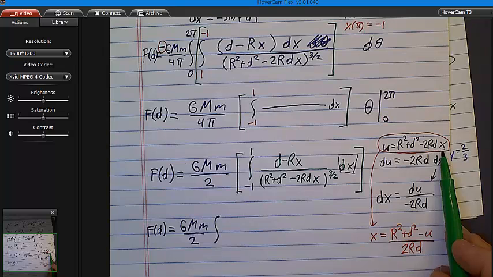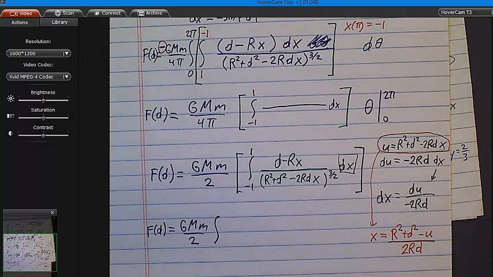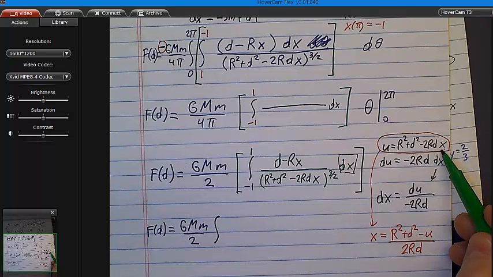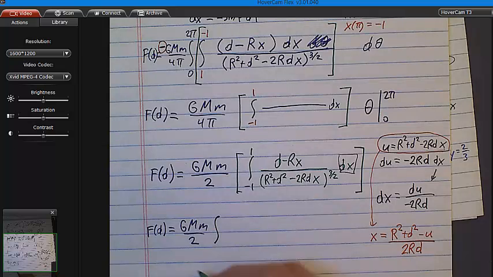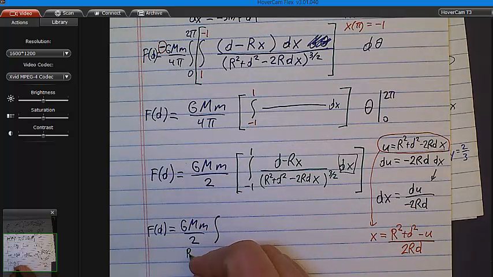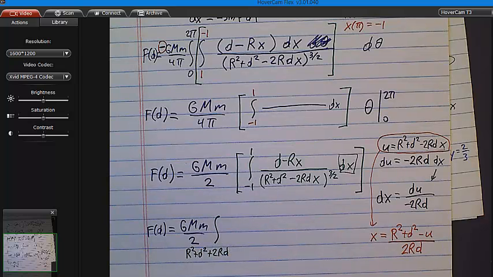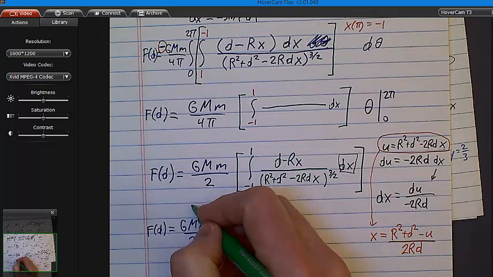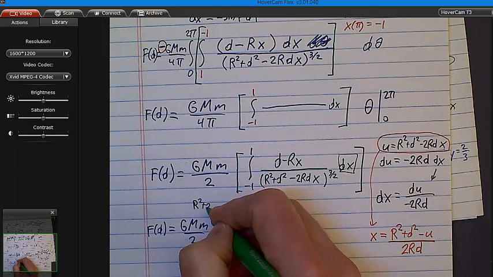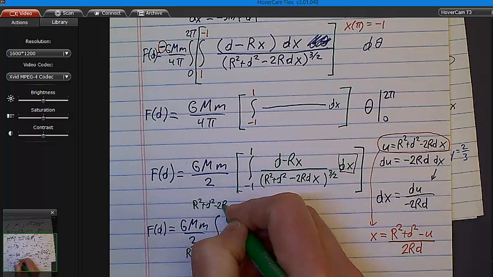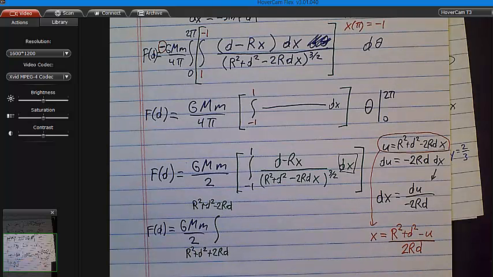So if I throw in negative 1, I'm at r squared plus d squared plus 2rd, right? And if I throw in positive 1, I'm at r squared plus d squared minus 2rd. Guys okay with me on that?